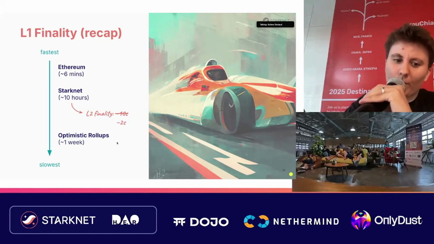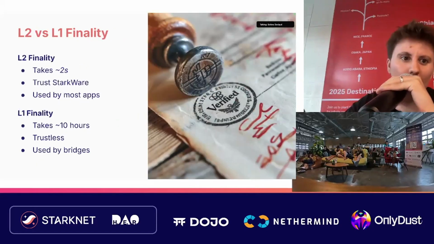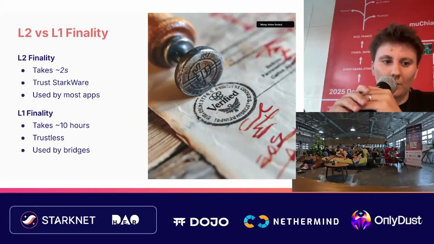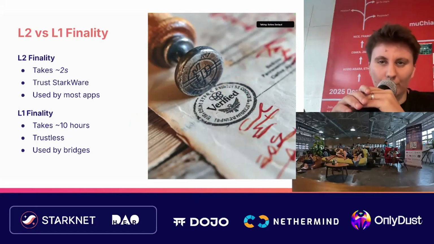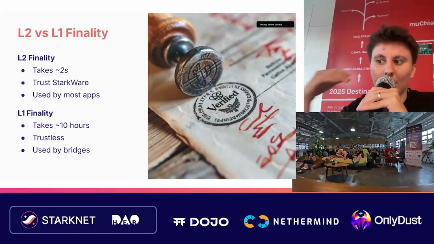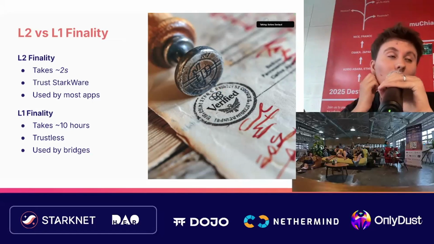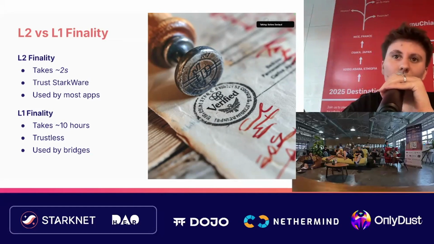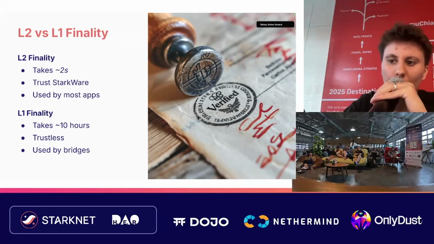And optimistic rollups take a lot of time, around 1 week. So layer 2 versus layer 1 finality: what's the difference? Layer 2 finality, like I said, is related to being accepted on the layer 2 first, before being accepted on the layer 1, where the node operators push the validity proof on the network.